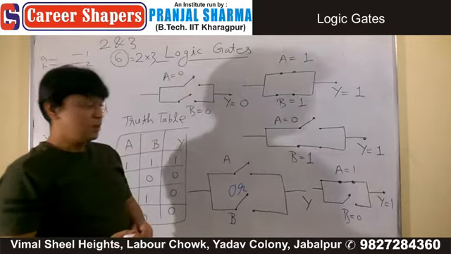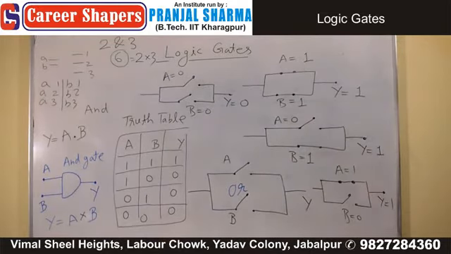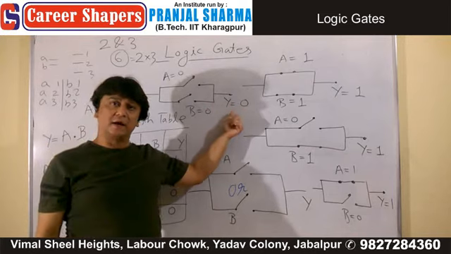No means what? 0. For different inputs of the last one, if A is 0, B is 0, you do not expect any current at the output place.